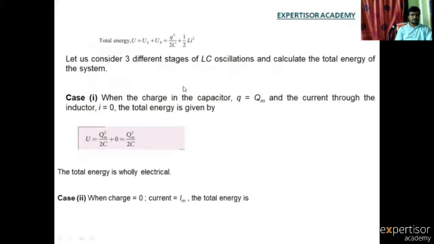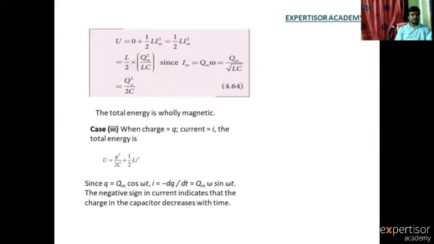In the first case, the current at the inductor is 0, so the energy at the inductor is 0. In the second case, the energy at the capacitor is 0. In the third case, there is energy at both, but the energy value is the same.